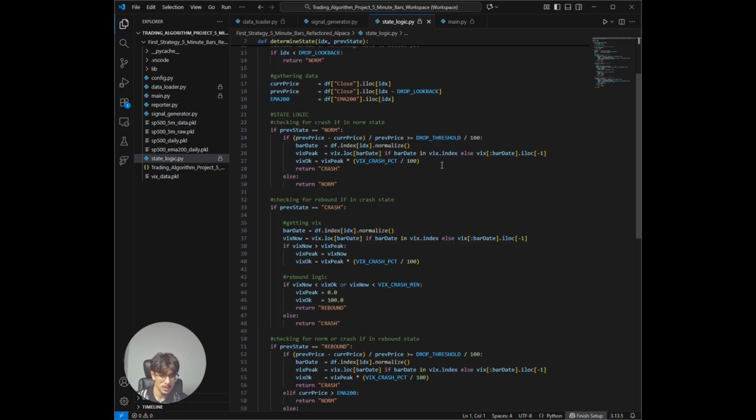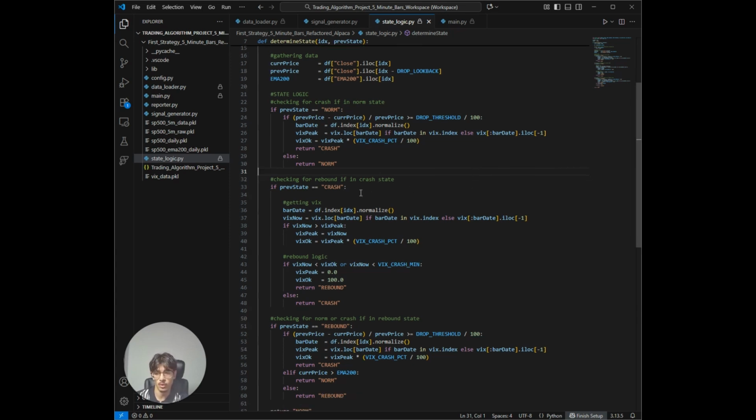The regime detection is based both on the percentage drops in the S&P 500 and movements in the volatility index. By understanding which regime the market's in, the algorithm is able to switch behavior, and it stays cautious during crashes and is more aggressive during the rebounds.